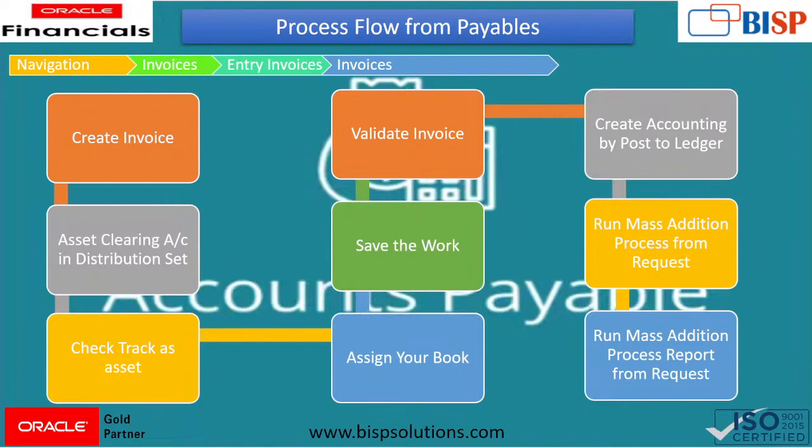These accounts must be of type asset. The create mass addition process only imports lines charged to accounts that are already set up in your asset category. While using multiple ledgers, payables must be tied to the same ledger as the corporate book for which you want to create mass addition in Oracle Assets.